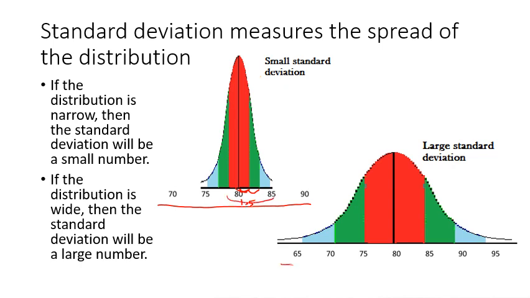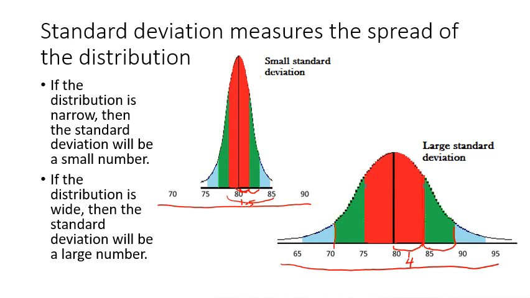In this large standard deviation down here, you can see kind of the same range. It's ranging from 65 to 95, but here you can see the standard deviation is much larger. The scores are spread farther. In this case, the standard deviation is about 4, and it's marked by these lines that are coming down here.